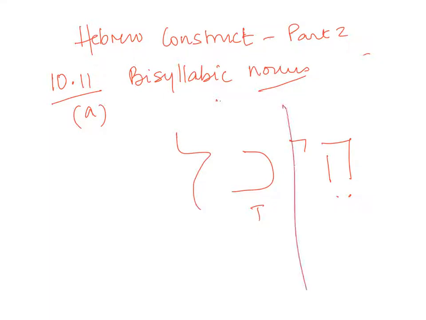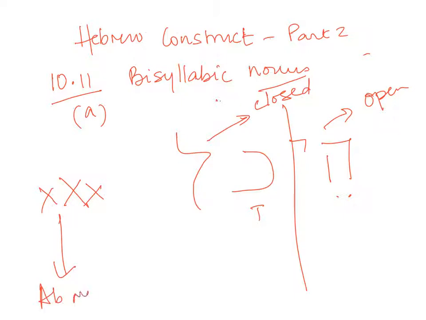Okay, so again, this is an open. Remember, the rule said it's a bisyllable with one open and one closed, and this is the closed one. Now remember, this is my absolute noun. The accent has moved there, so it's hekal. So this is a kametz, closed unaccented syllable. You cannot have a kametz. You will have a patak.